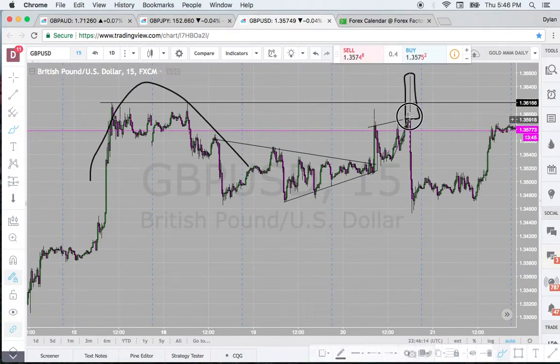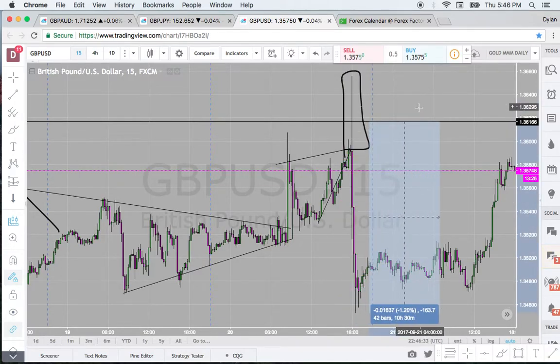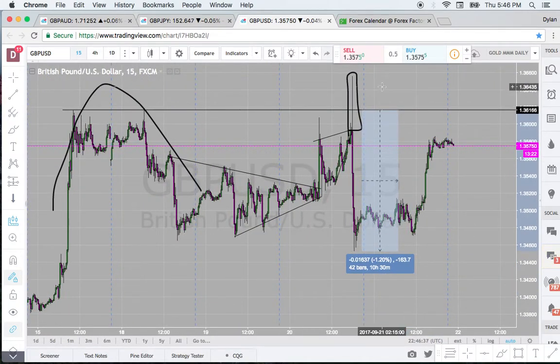And that springing action actually caused it to reverse. It had about a 200 pip range. It reversed from the high 163 pips.